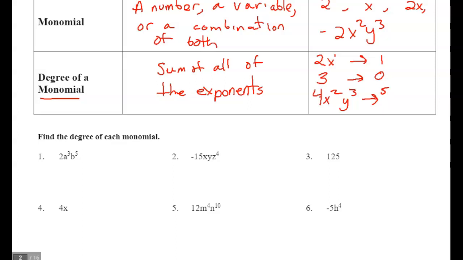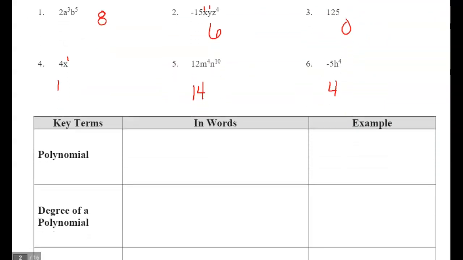So 3 plus 5 is 8. These are to the first power, so you have 1 plus 1 plus 4 is 6. This is 0 because there are no exponents with variables. Remember, this is a 1, so it's the first power. 4 plus 10 is 14. And then here we have the fourth power, h to the 4th.